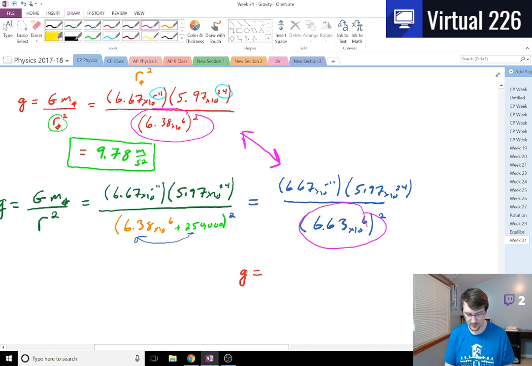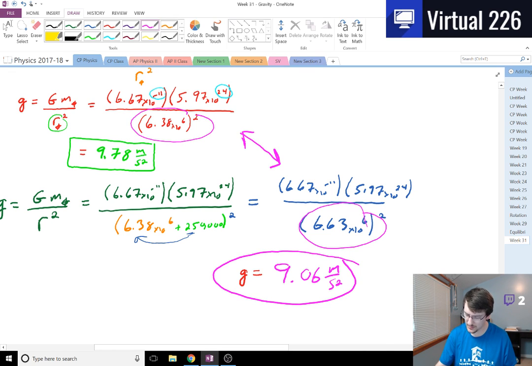So if we do this, 6.67 times 10 to the negative 11th times 5.97 times 10 to the 24th, divided by 6.63 times 10 to the 6th squared, we see for our astronauts that the amount of gravity, or the acceleration due to gravity they have up on their shuttle, is 9.06 meters per second squared, which I guess brings up the question, how do astronauts float?